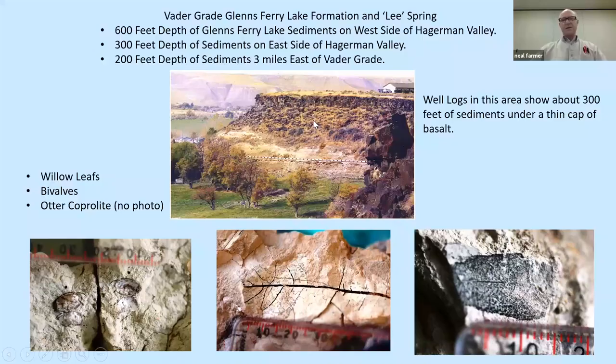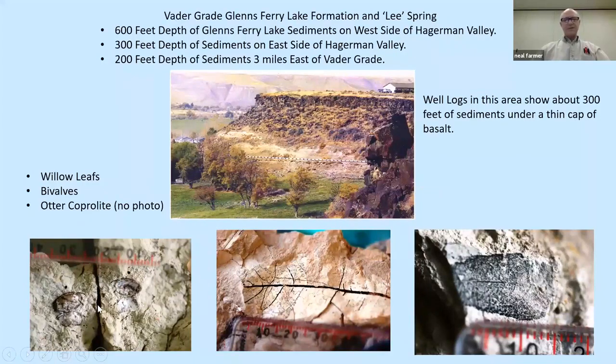In the foreground here at beta grade on the east side of Hagerman Valley, there's a number of homes in this area, and they have drilled wells through about 62 feet of cap quaternary basalt and then into tertiary sediments that are on the order of 300 feet thick. And then their wells are open in basalts, tertiary basalts underneath these sediments, so quite deep. They had to go deep to get water in this area.